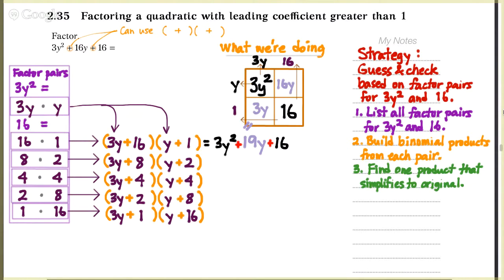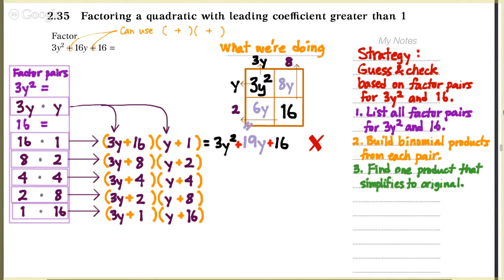If I were to multiply 3y plus 16 times y plus 1 all out, we'd get 3y squared plus 19y plus 16. But that's not what we're looking for. We're looking for 3y squared plus 16y plus 16. So this is not the right factorization for us. This is not the one that we want. So we'll go to the next one. If we use 8 and 2, then our cross terms are going to be 8 times y and 3y times 2, or 6y.